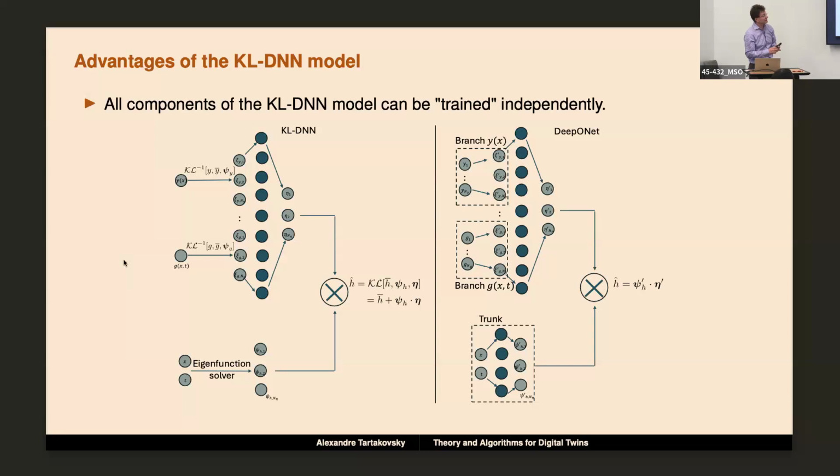And then, of course, in both models, the final answer is given as the scalar product of the outputs of the branch and trunk neural networks.